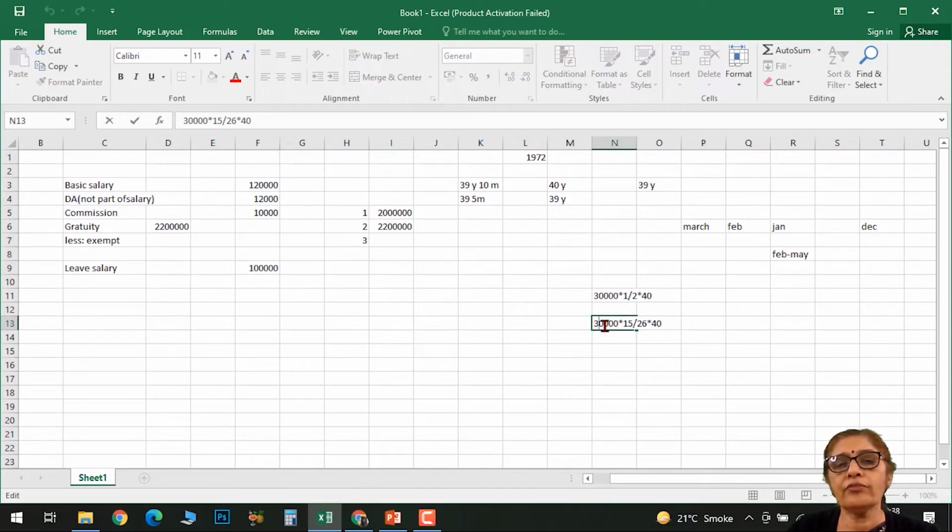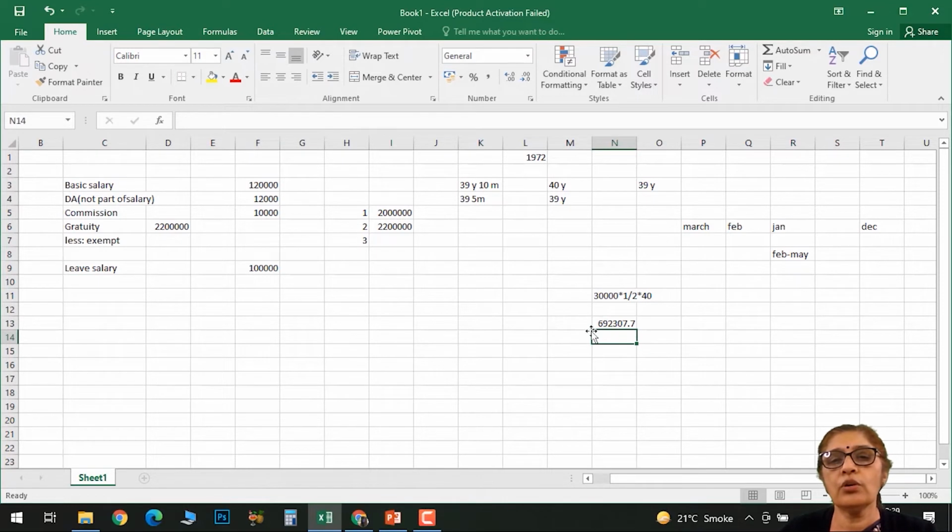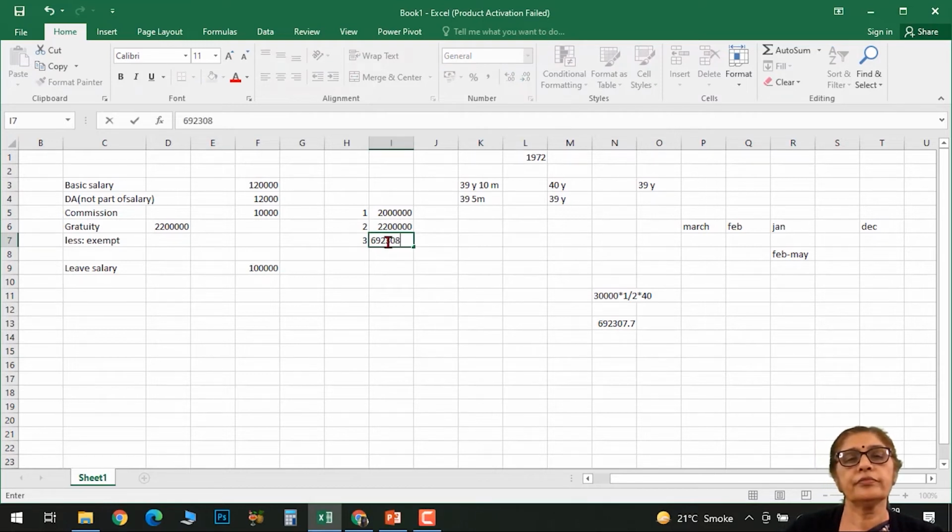We have 30,000 into 15 by 26 into 40. So this comes out to 6,92,308. And we take the least of these. And the least of these happens to be 6,92,308.